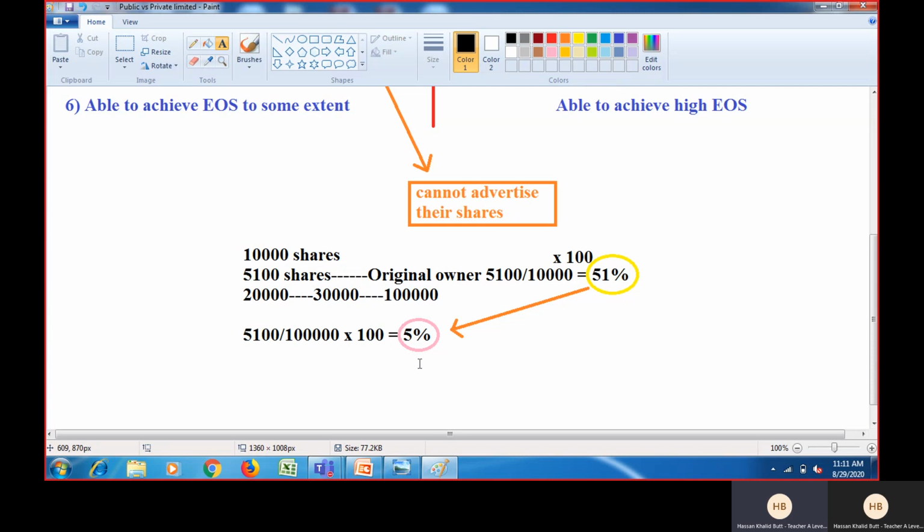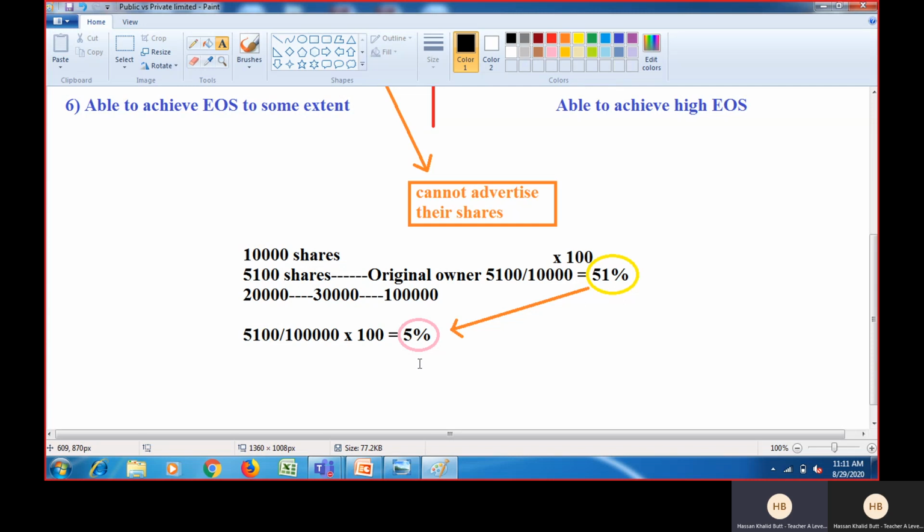Even if that original owner buys more shares, it's still not possible to get back to the original position. That person may be able to have a shareholding power of 10% or 15% or 20%, but it's not possible to achieve the same position of having 51% of the company.